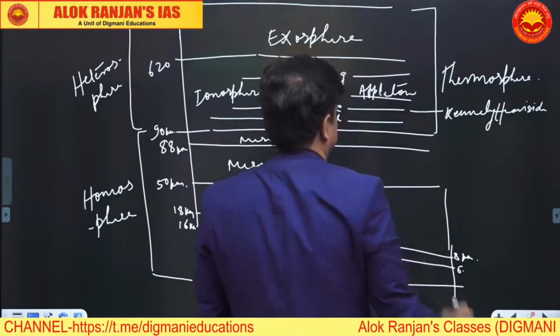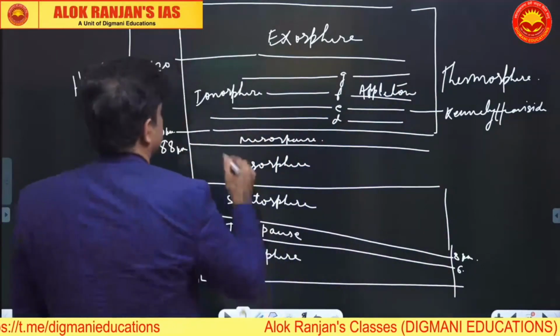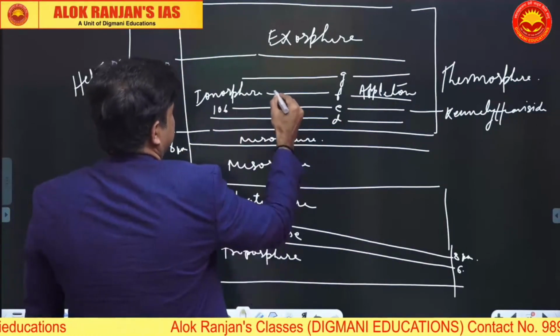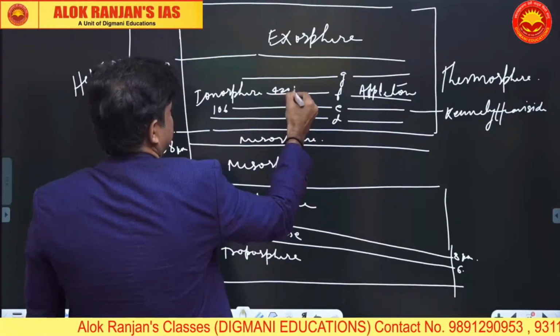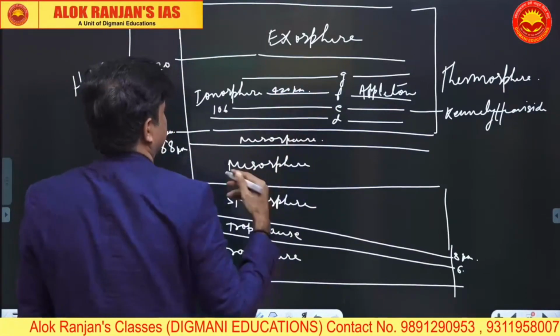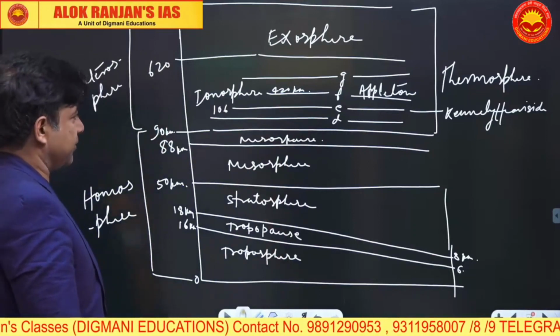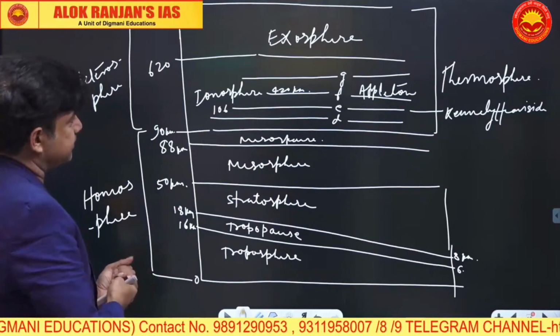This is the Appleton layer. So E and F are important. E will be roughly till 106. These heights are not really fixed. Roughly 420. E is 90 to 106. That's the E layer.